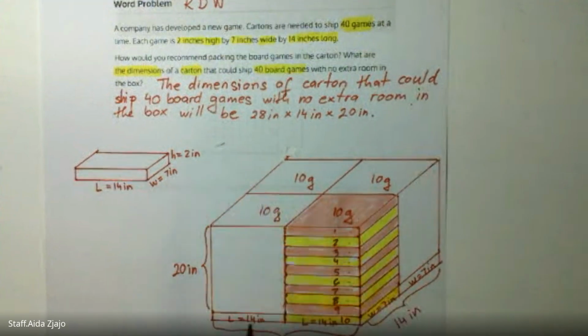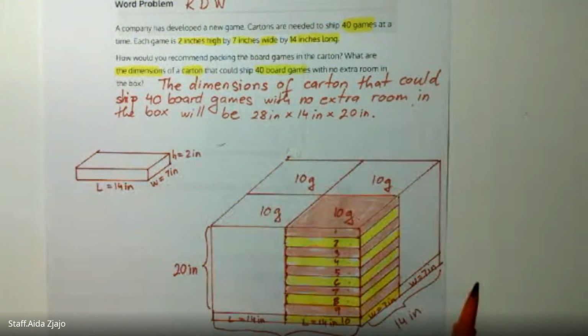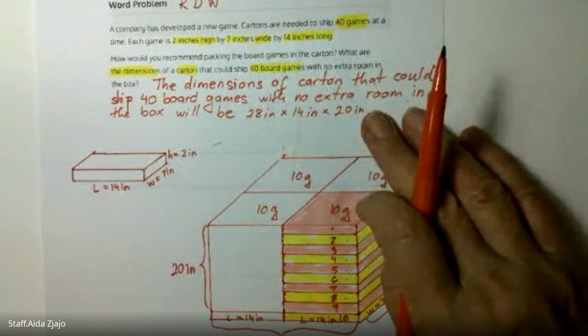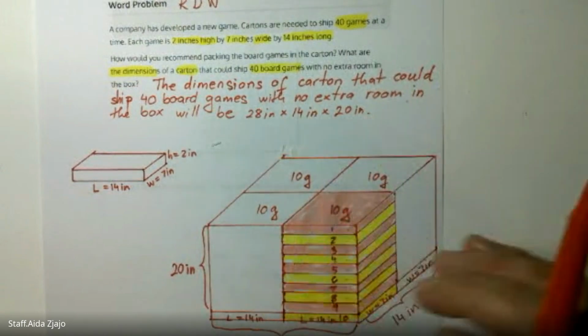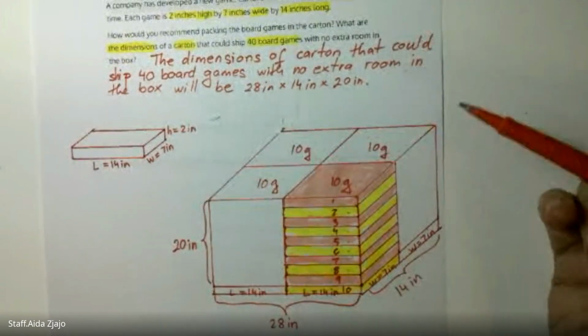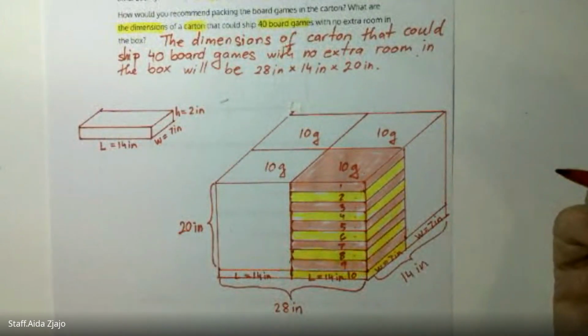Okay, so 28 times 14 times 20 would be a box that can fit 40 board games.